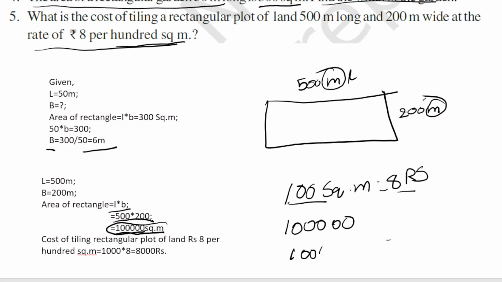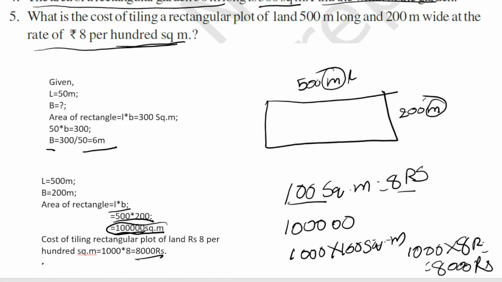This 1 lakh can be written as 1000 into 100 square meters. So for 1 lakh square meters, it will cost 1000 into 8 rupees. That is equal to 8000 rupees. It will cost 8000 rupees.